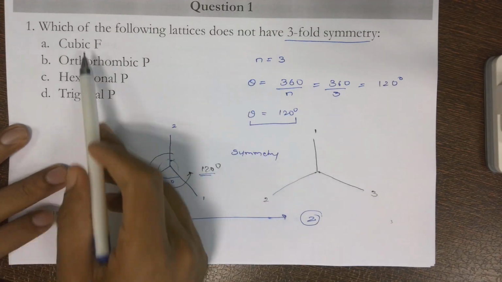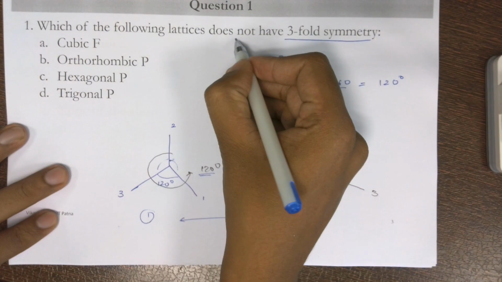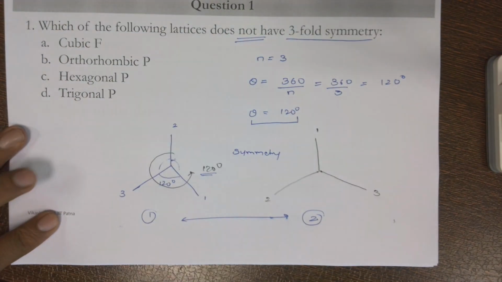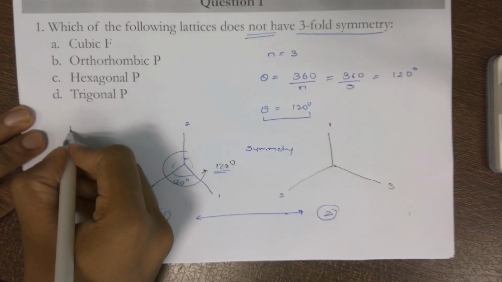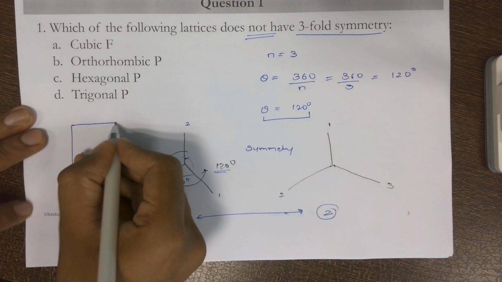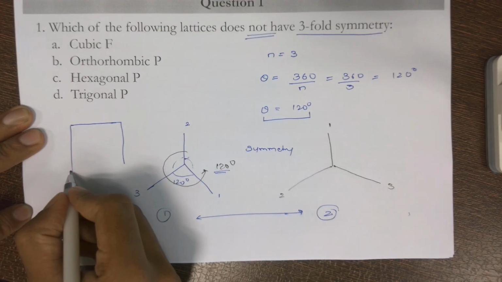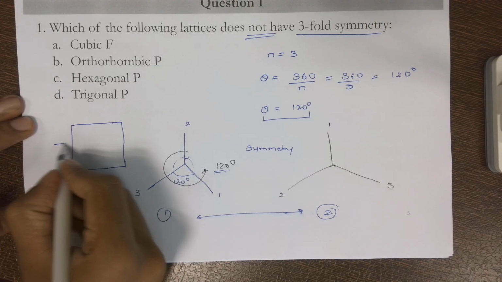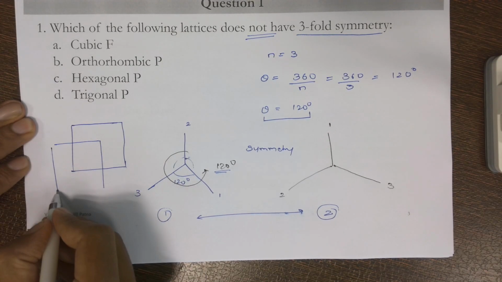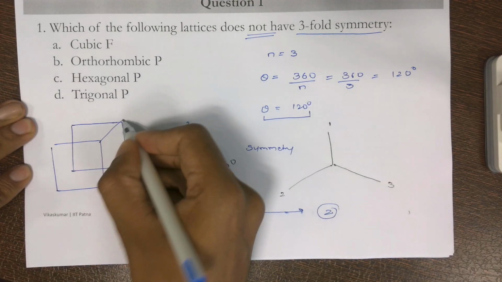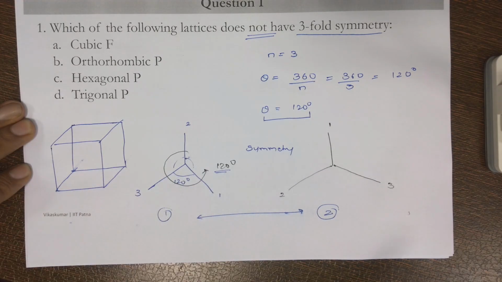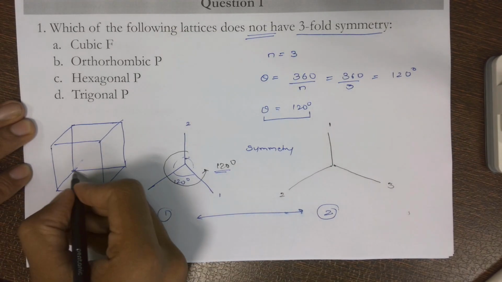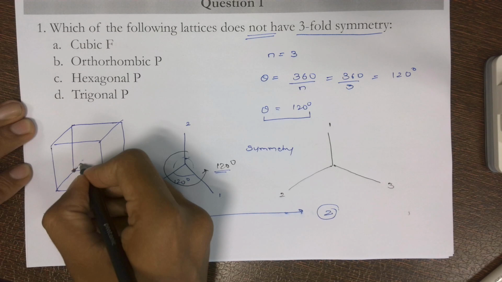Similarly, the question is asking which of the following lattices do not have a threefold. First one is a cube. We know that in the cube, there is a direction which is 1, 1, 1.